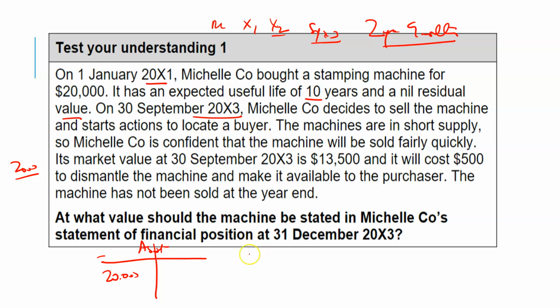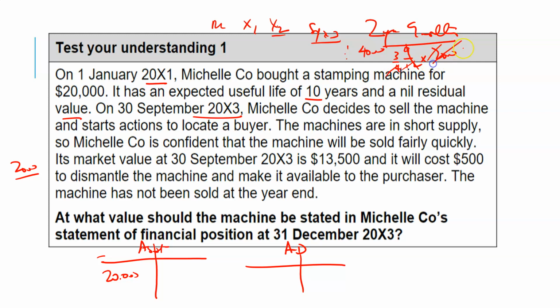So very clear here. The accumulated depreciation, of course, is 2 years plus. So 2 years, that's 4,000, yes? 2 and 2. And then 9 months, of course, is 9 over 12 times 2,000. I'm just looking for a calculator. I can't see one, but let's just do this. I guess this is 3 over 4, and so this is not too bad.